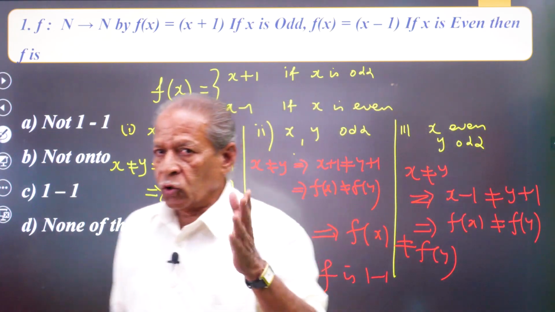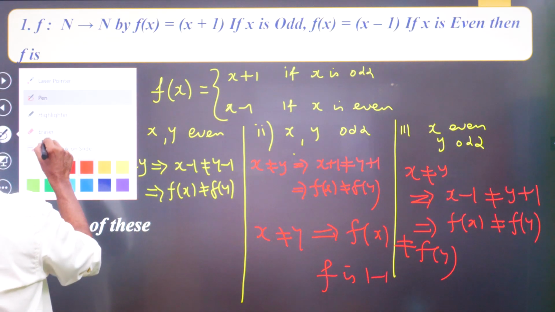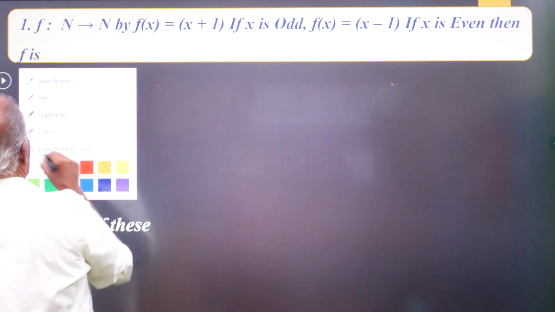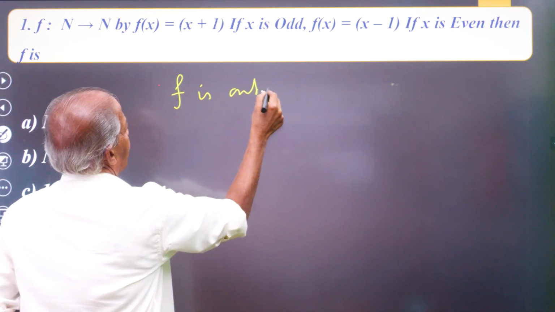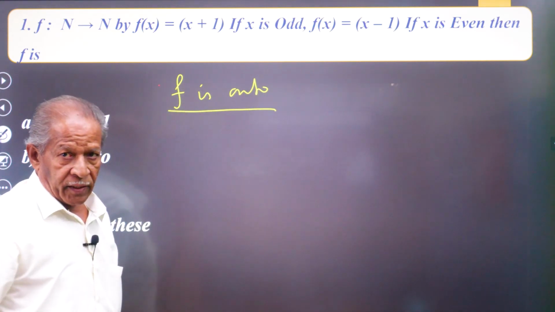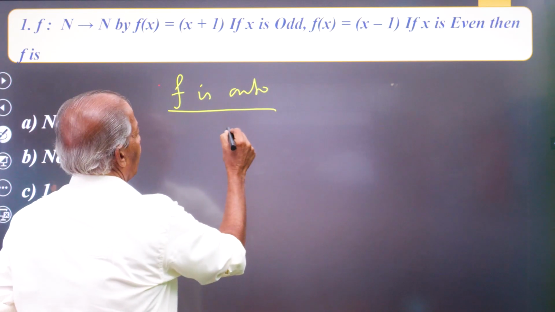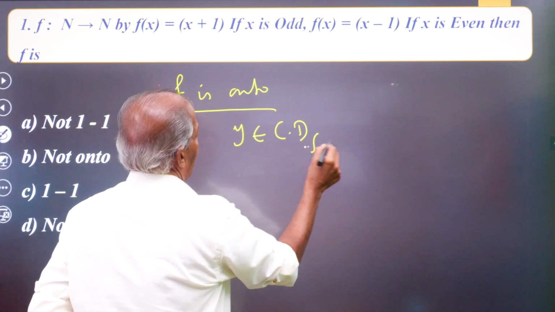Second part, onto. For the onto, what we are going to do? Second part, f is onto. We are taking some elements from the codomain. I am taking an even number, that is, y belongs to the codomain of the function.